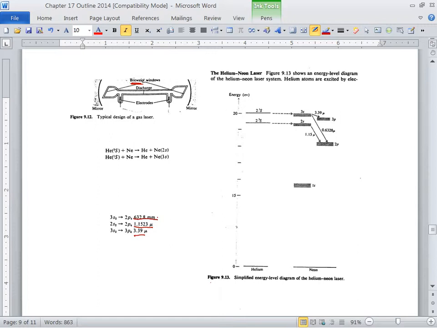Now, is that long or short in comparison to these nanometers that we had before? Or colors? Colors are nanometers. Which one's longer? This one, definitely. So this is IR. And I'm pretty sure that's what that Navy one is, but I'm not so sure.